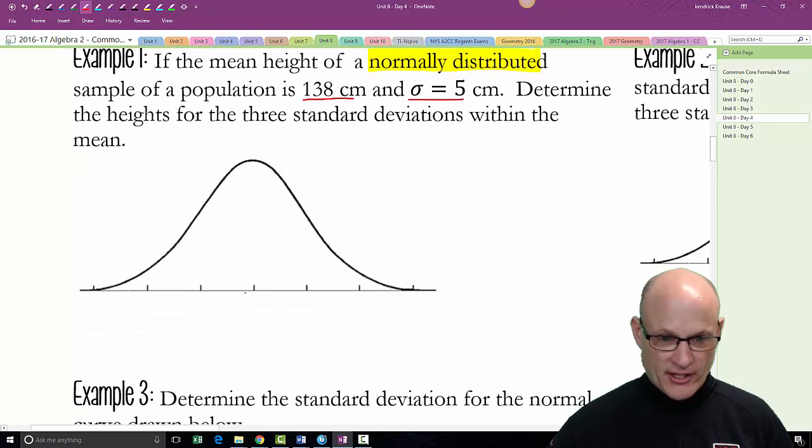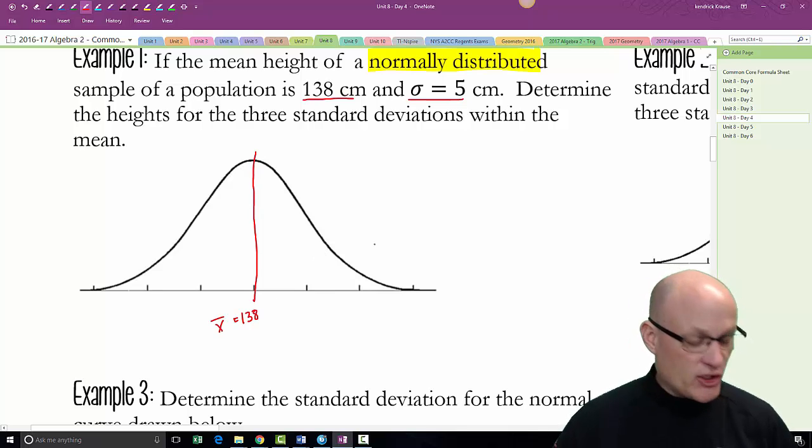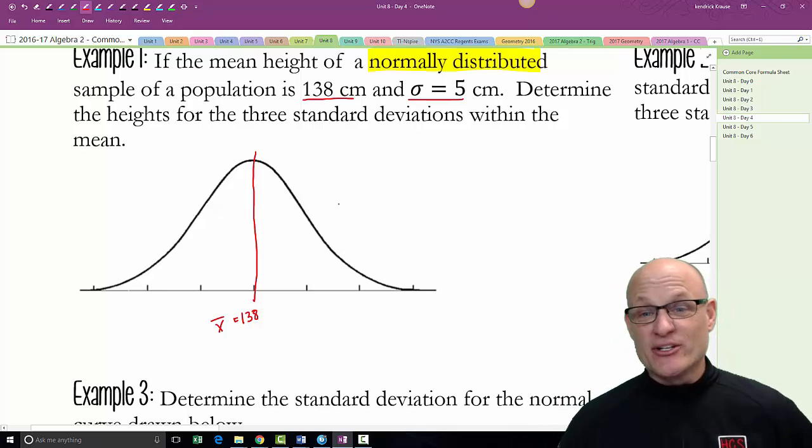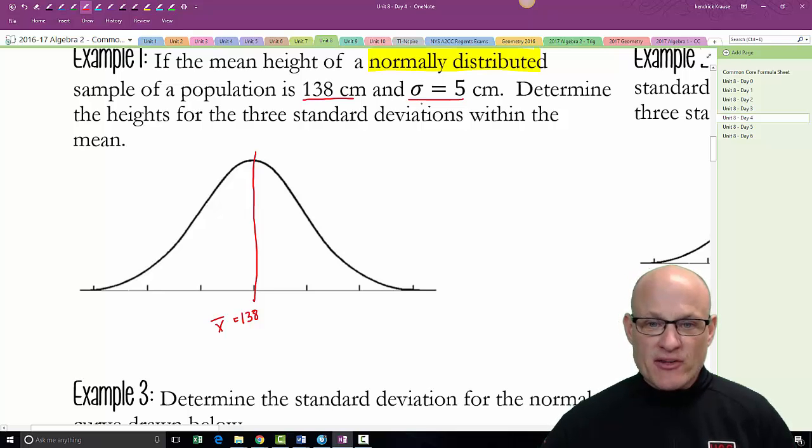So how this works is this. This center number here will be the mean, and this is our x bar. All we're going to do is go up by a standard deviation of 5 centimeters. Now this sigma is the Greek letter sigma.